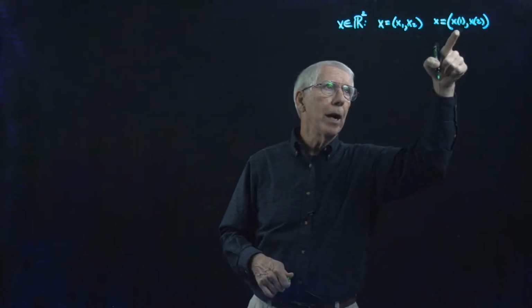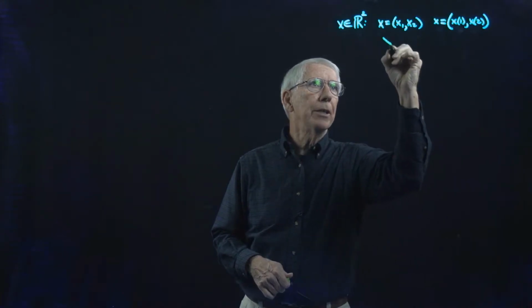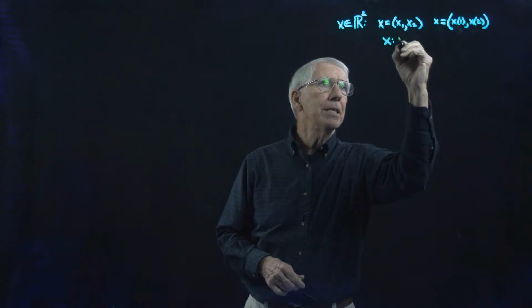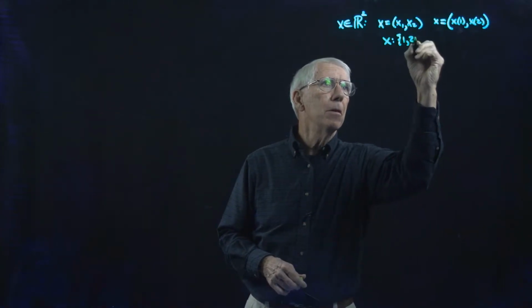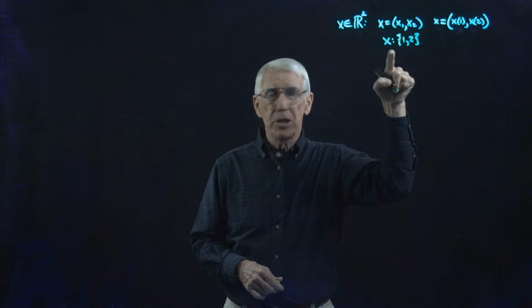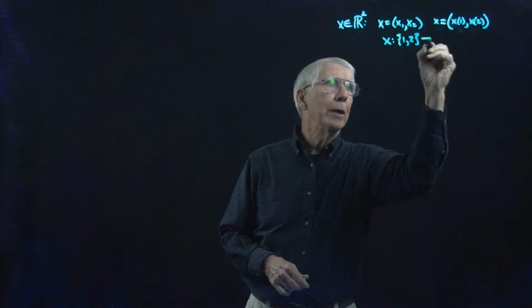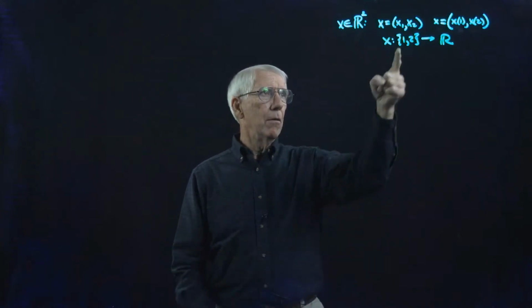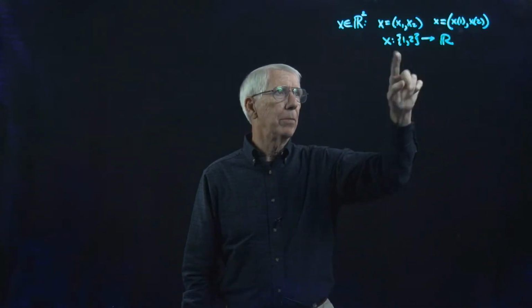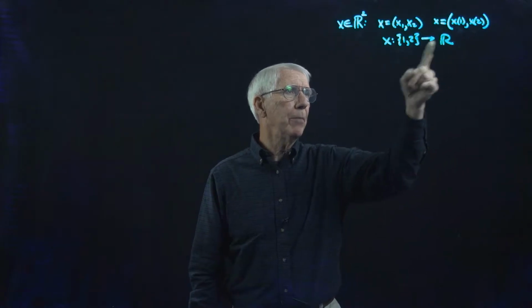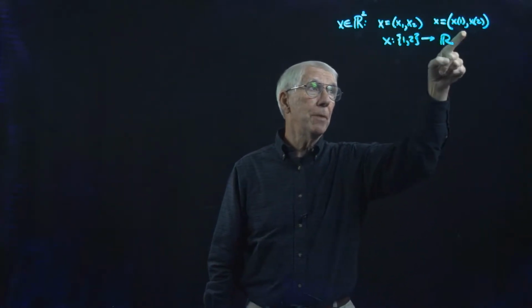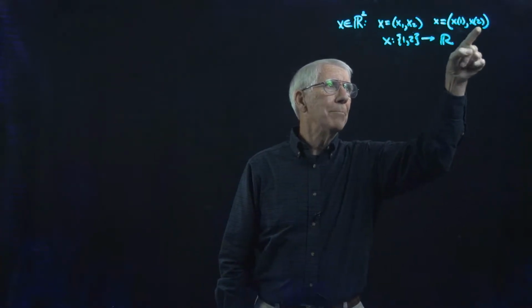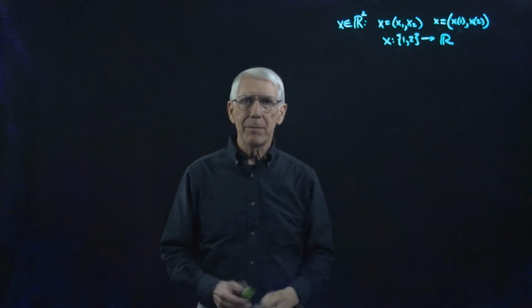So actually, writing it this way makes it clear that each of the points in R2 is a function from the set consisting of just the first 2 numbers, or indices, into R. It tells us for 1, what's the first component, a real number. For 2, what's the second component, a real number. And actually, this is a function just as much as this is. It's just that it isn't written with the arguments in parentheses. It's written with the arguments as subscripts.